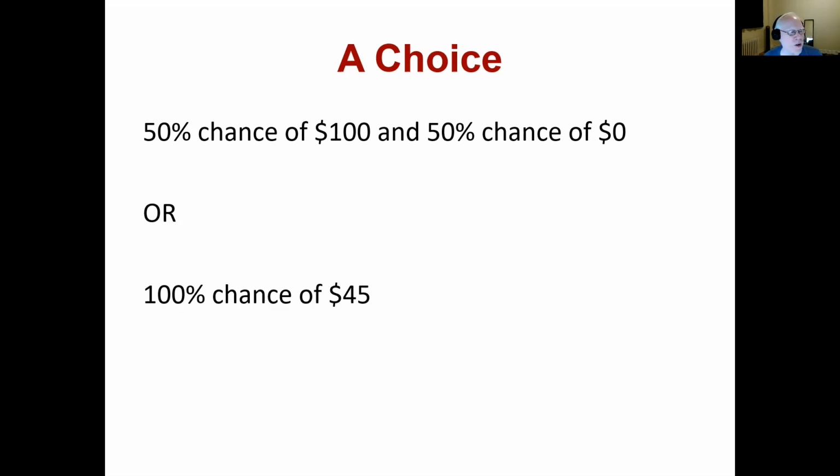So consider you have a choice, right? You have a choice between having a 50% chance of winning $100 and a 50% chance of getting nothing. So essentially you could get a lottery ticket where you have a 50% chance of 100 and 50% chance of 0. That would be a really nice lottery in terms of probabilities. Or you've got a 100% chance of getting $45. So think about here, and there's actually no right or wrong answer in terms of whether you prefer the gamble, the 50% chance of 100 and 50% chance of 0, or the 100% chance of $45.